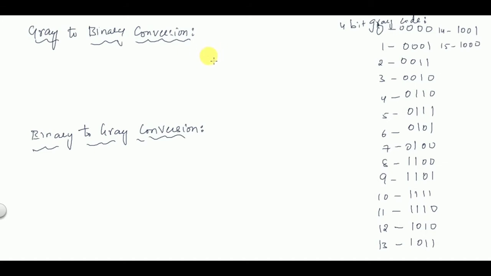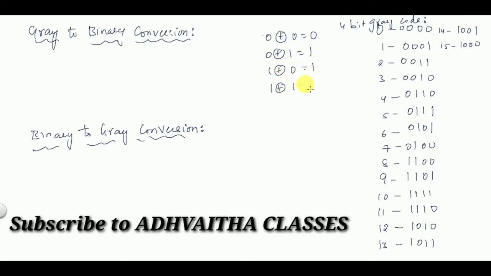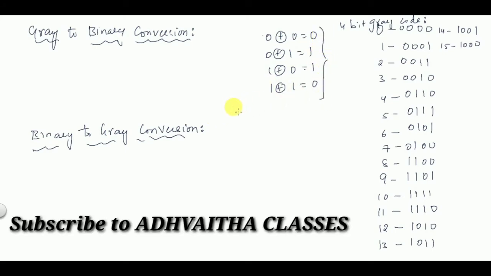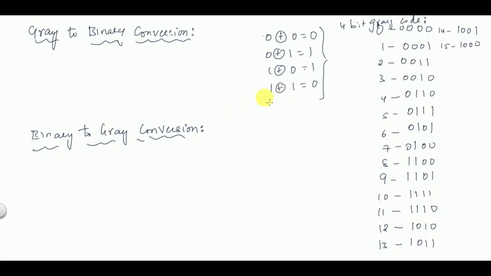In order to convert these we need the help of the XOR gate. I'll explain the XOR gate in my next videos. Until then just remember this: 0 XOR 0 is 0, 0 XOR 1 is 1, 1 XOR 0 is 1, and 1 XOR 1 is 0. Just remember these four. I'll explain the exclusive OR gate later in my logic gates concept.